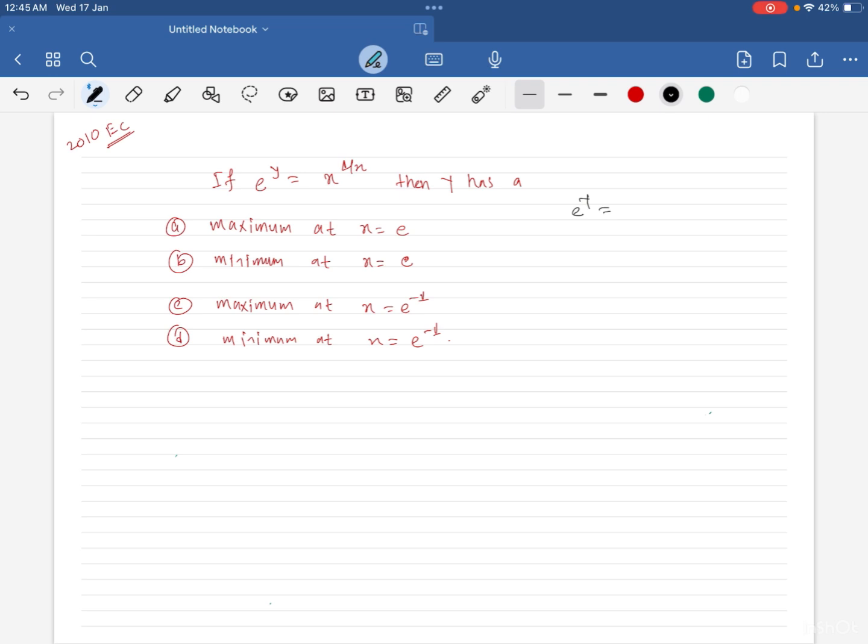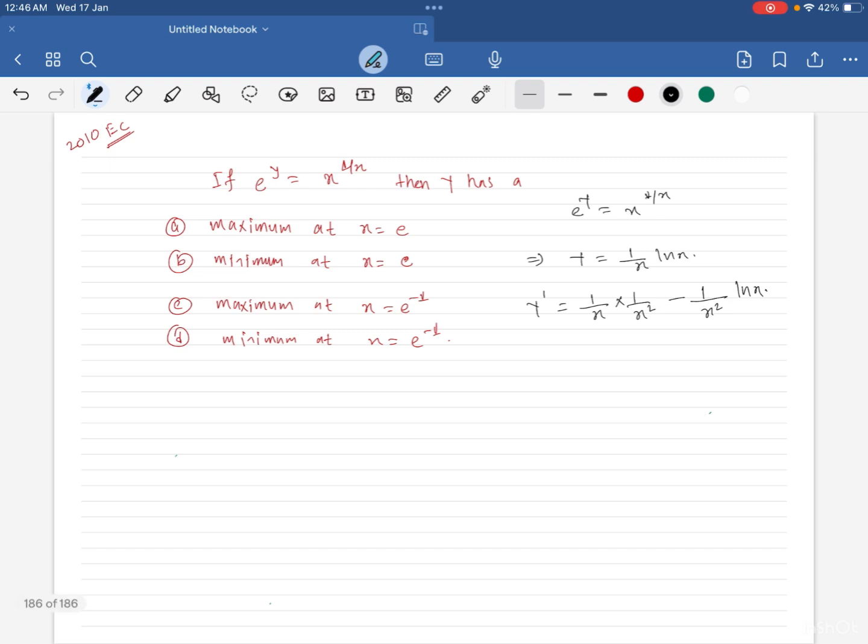Simply, first we can find y. We can take ln on both sides, that will give me 1 by x ln x. Now we can find the first derivative.